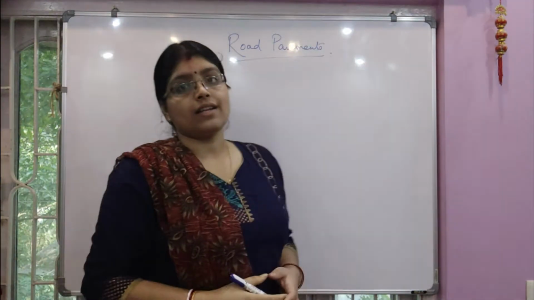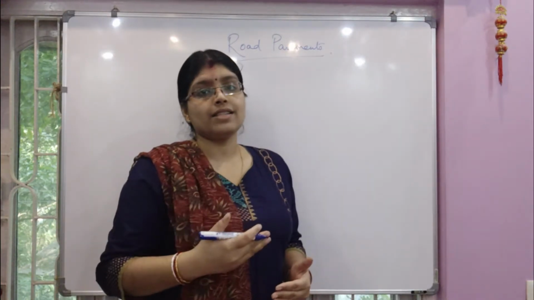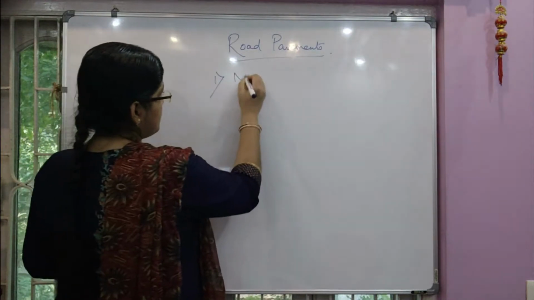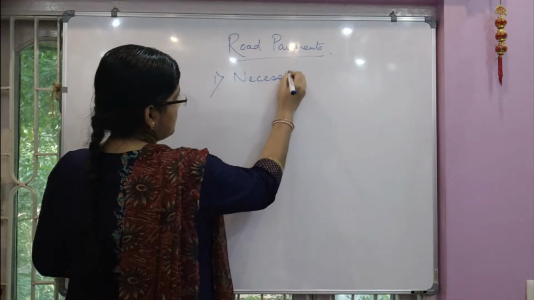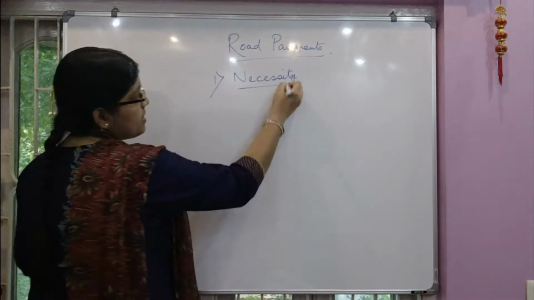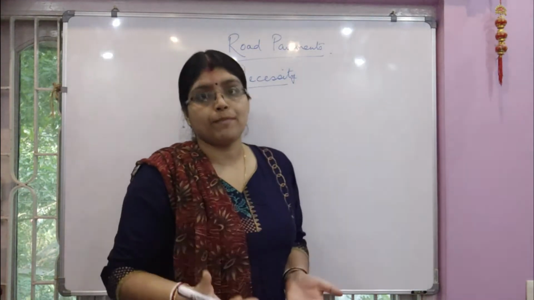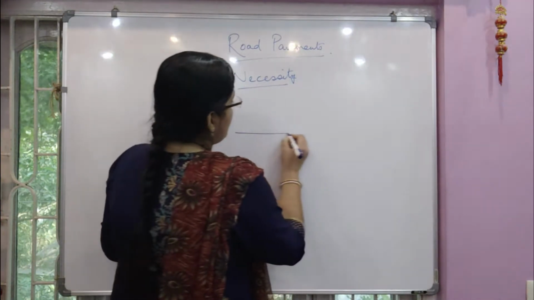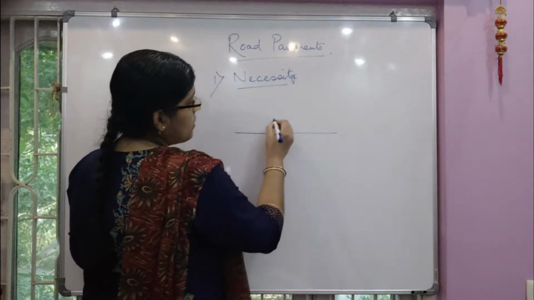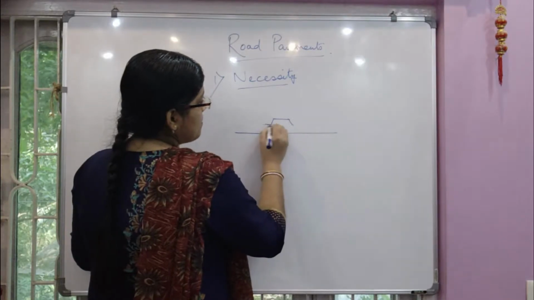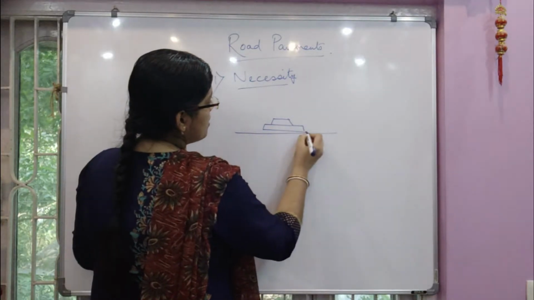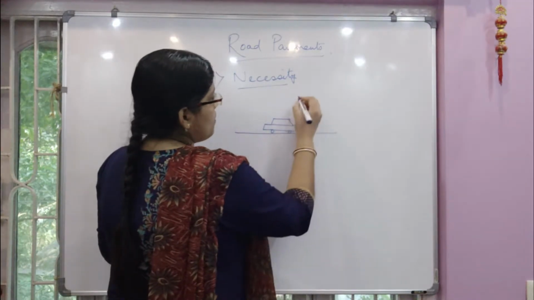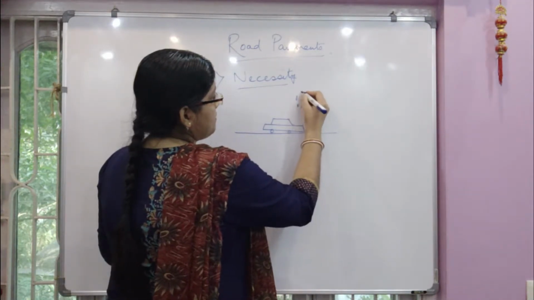First of all, before starting this topic, we will see the necessity of providing a pavement. That means, why do we need to provide a pavement? Suppose let us assume that this is a road and on this road a car is moving. Suppose you are traveling on this road during a rainy season.